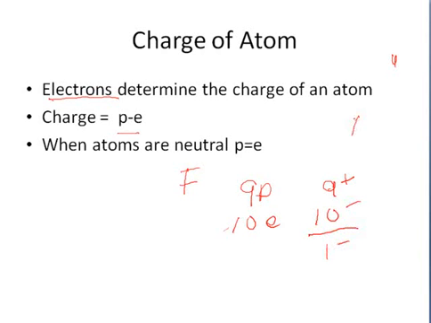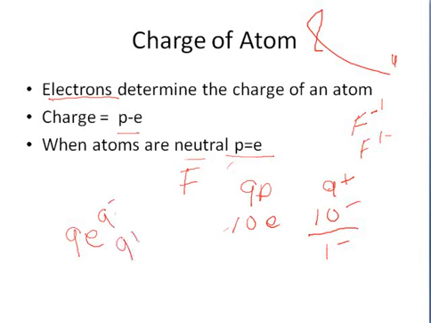Which is why we write the symbol for that as F minus 1. Sometimes you'll see that as F 1 minus. And obviously if the number of protons and electrons are equal, then an atom's going to be neutral, because if I have 9 electrons, so 9 minus, and 9 protons, it's going to add up to 0.